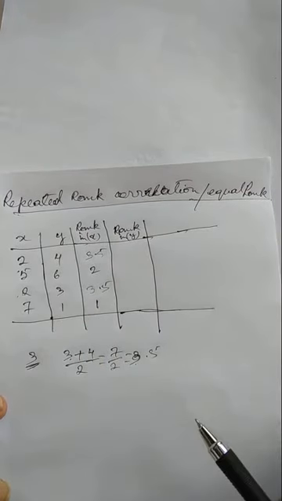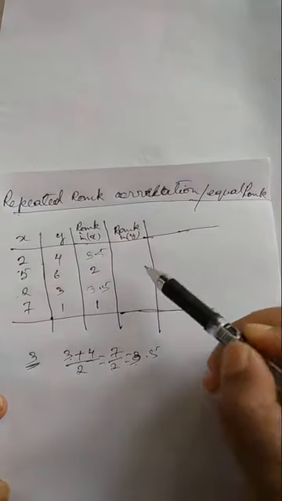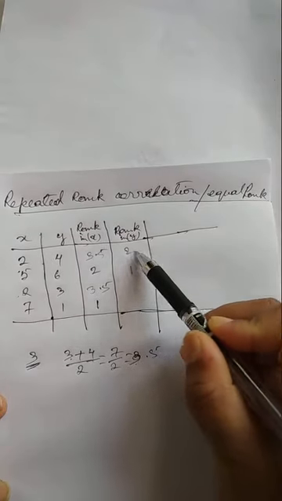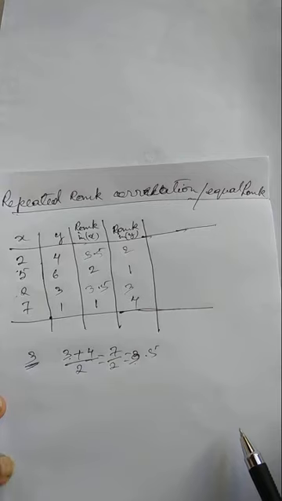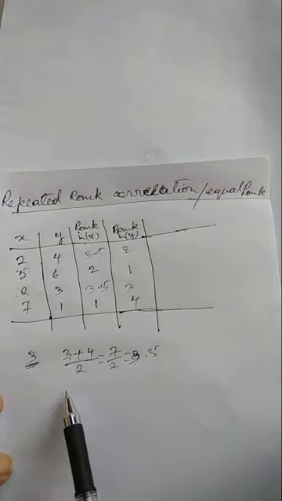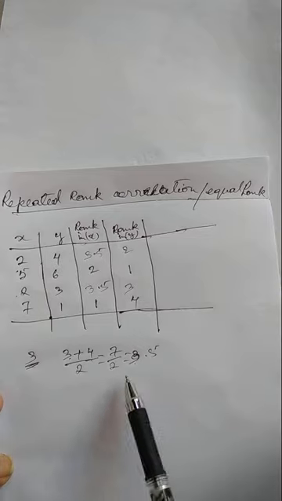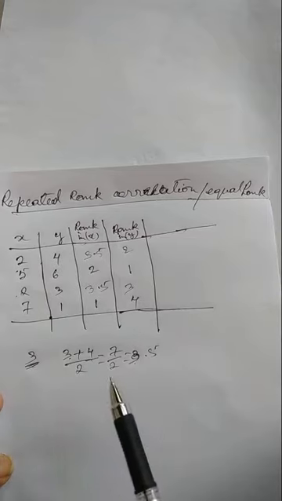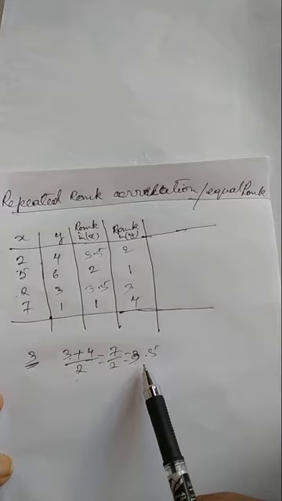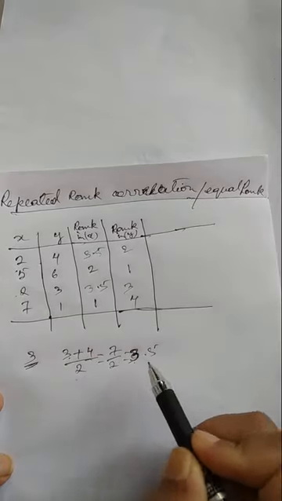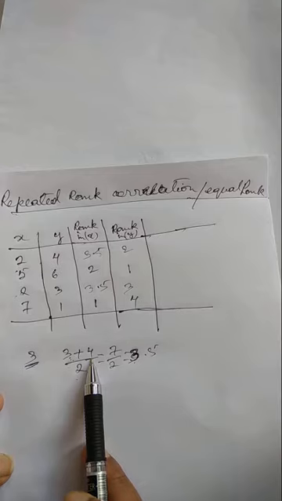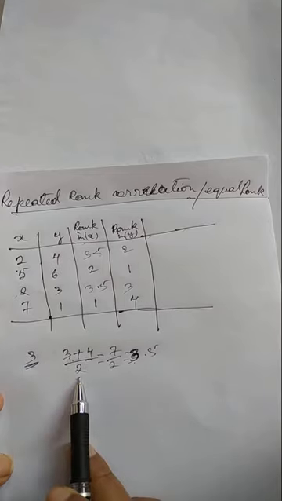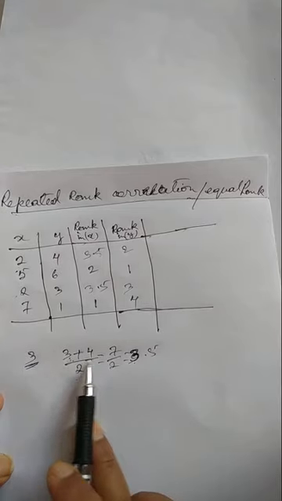Now the rank in y is 1, 2, 3 and 4. So if two individuals are ranked equal at a certain position, they will be given the average rank. That means we add the ranks and then divide by the number of observations.